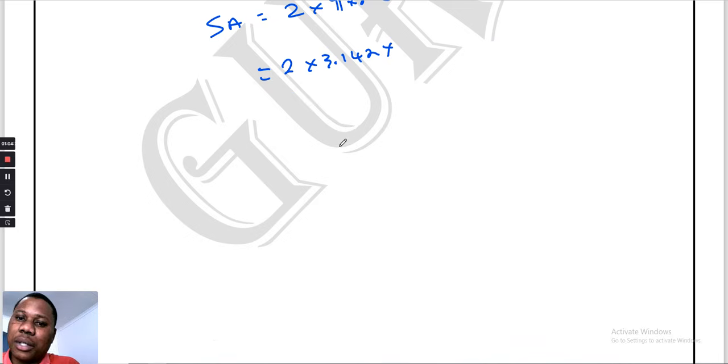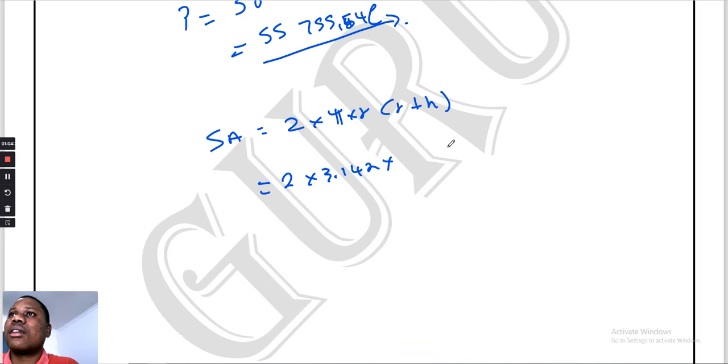So radius equals 1.605 into 1.605 plus our height.